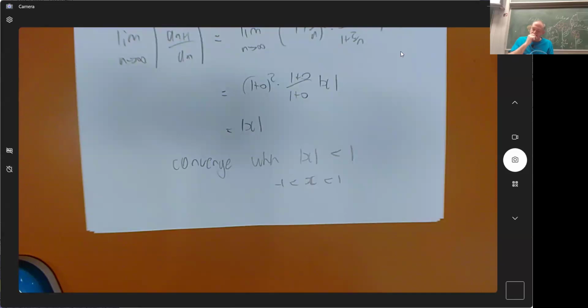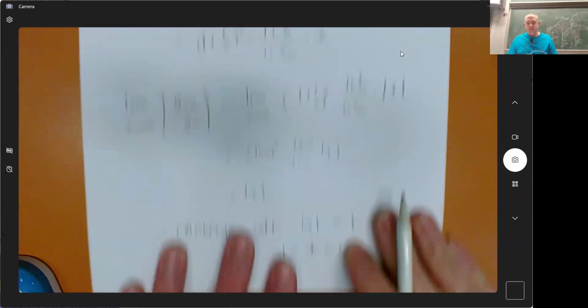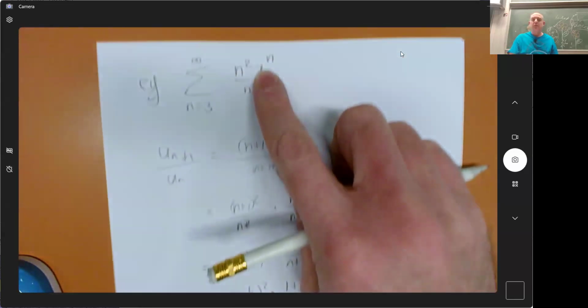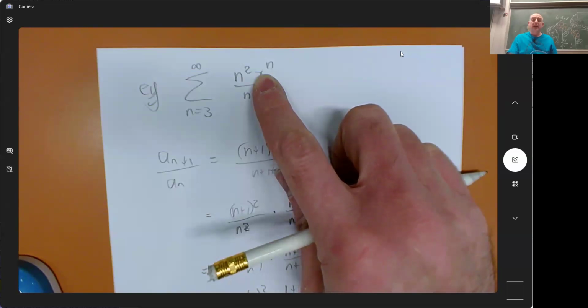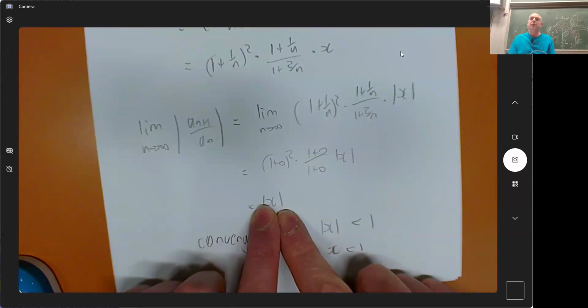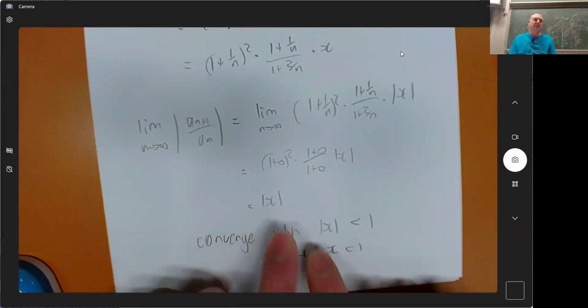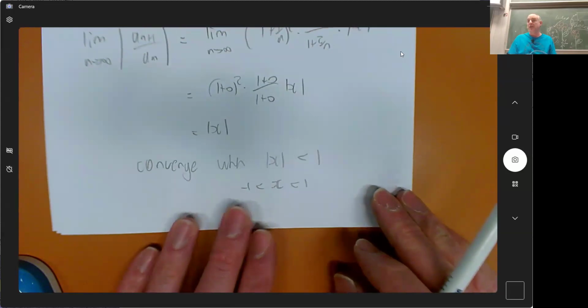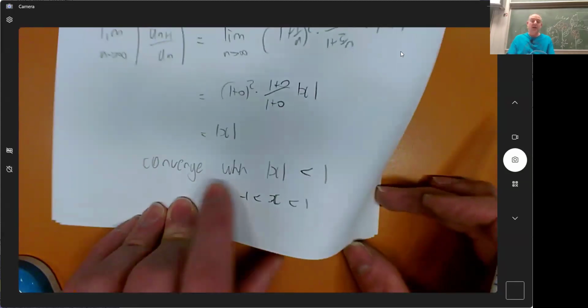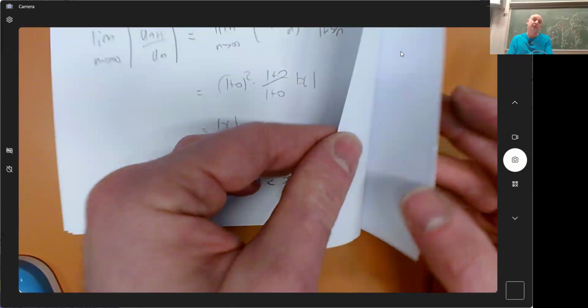I will say, technically, what if the x was exactly equal to 1? In that case, this would have come out to exactly equal to 1, and the ratio test doesn't tell you anything when the answer comes out to 1. And so technically, I do not know whether it converges when x is 1 or when x is -1, and I'm going to have to check them separately.